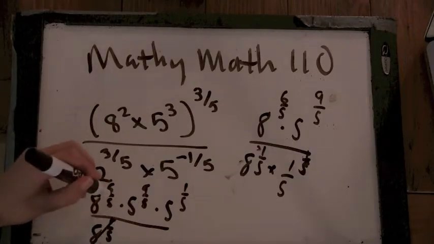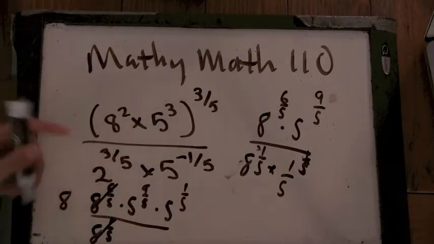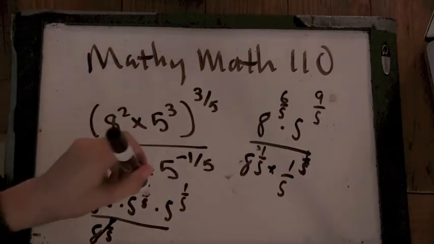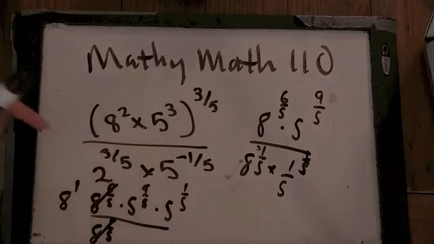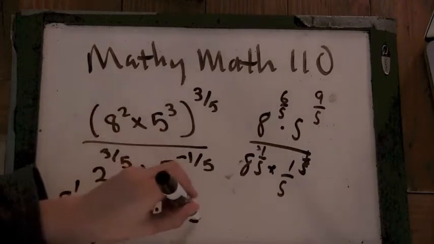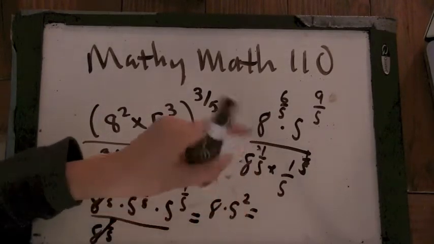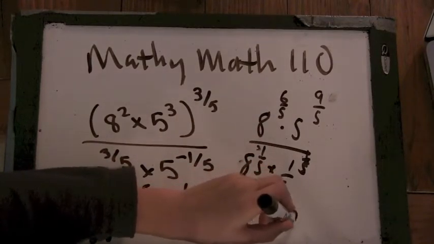Well, this cancels with this, and we get 8 to the 5/5, which is 8 to the 1. And then this makes 5 to the 10/5, or 5 squared. So we get 8 times 5 squared, which is 8 times 25, which is 200.